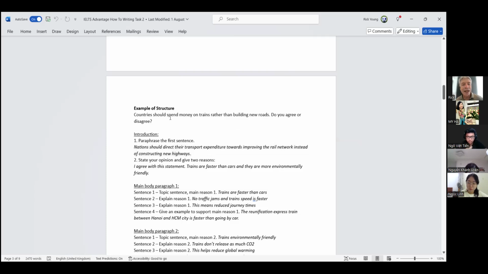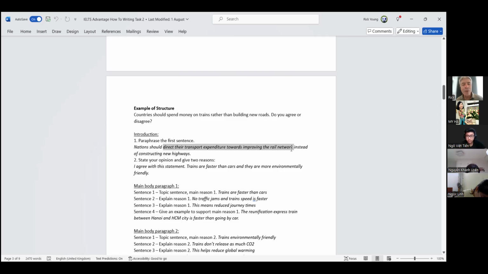Do you understand what I'm asking? Just read these words here. Direct their transport expenditure towards improving the rail network.